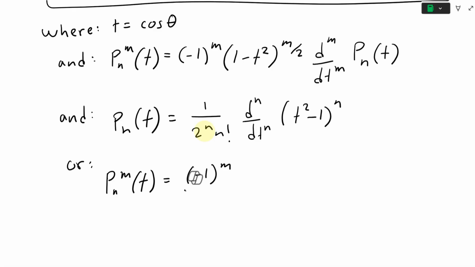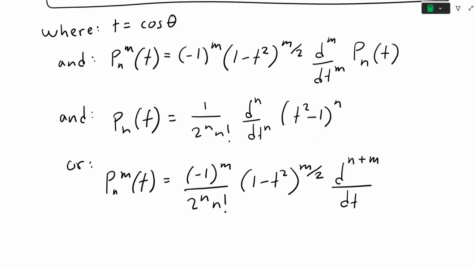So we're going to get a 2^n n factorial. Now we have this part right here, 1 minus t squared to the m over 2. And now we combine these derivatives. That's going to be the (n+m)th derivative in terms of t of t squared minus 1 to the power of n.